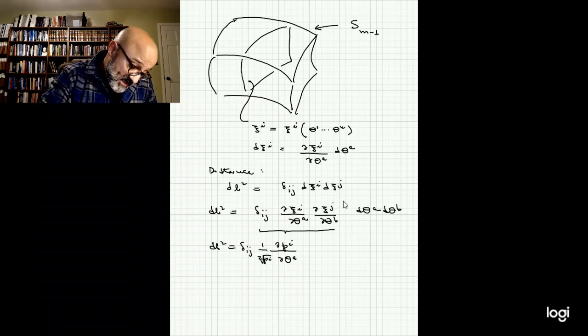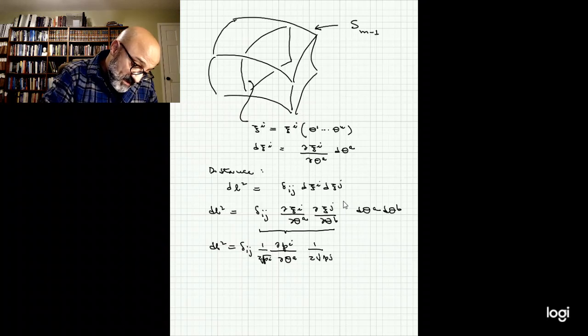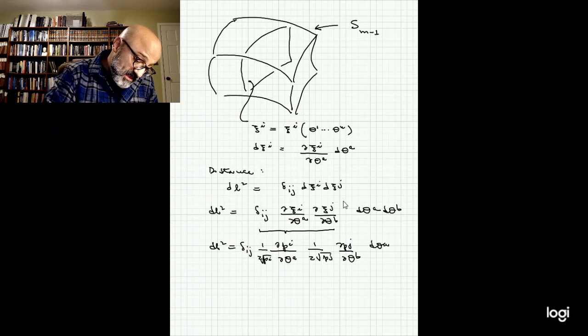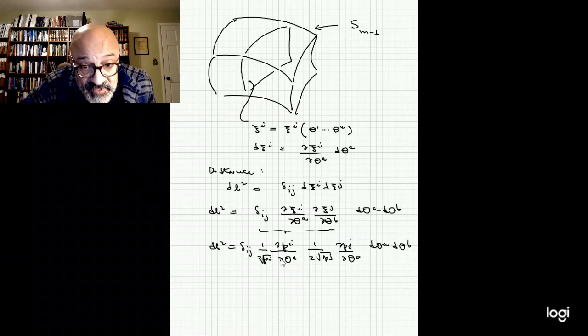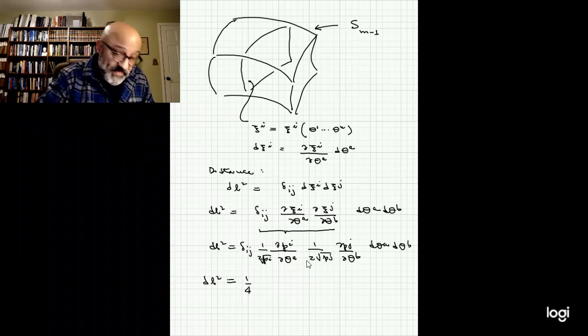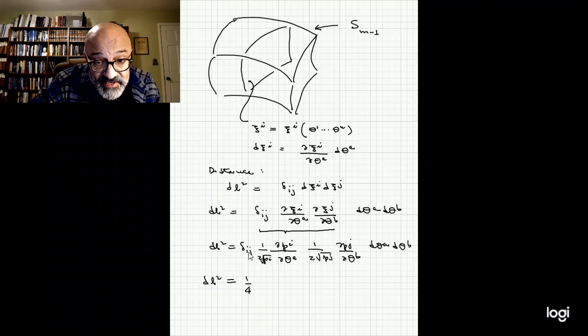The second piece is another 1/2 square root of pj, dpj with respect to theta b, d theta a d theta b. And now we see we have a 1/2 times 1/2, we have a 1/4. Then we have the Kronecker delta that makes me sum over i and sum over j, but the i's have to be the same.